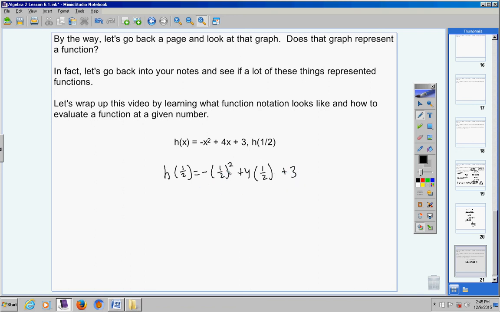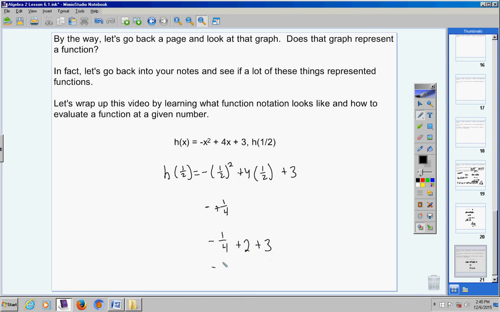So, we're going to evaluate this h function at h of 1/2. So, h evaluated at 1/2 equals negative sign, then x, so parentheses, then squared, then positive 4, then parentheses, 1/2, and then positive 3. Okay, we square the 1/2 first of all, so 1/2 times 1/2 is 1/4. Bring down the negative sign. Negative positive is negative 1/4. 4 times 1/2 is positive 2, and then positive 3.